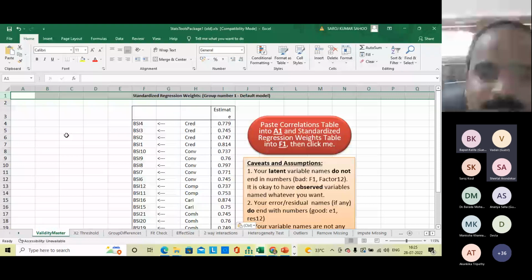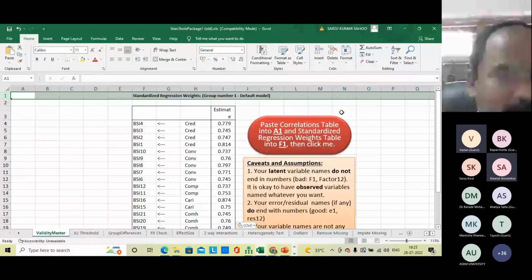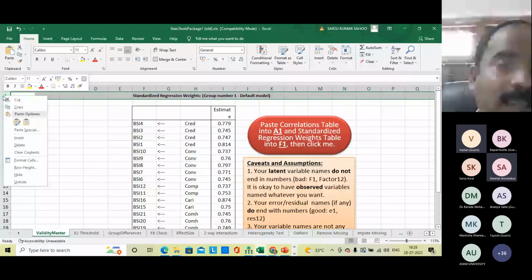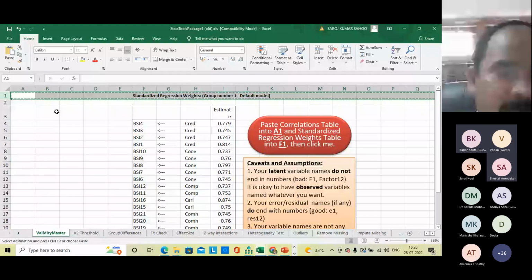Copy, then F1. Then paste. F1 is not written. You need to count F and 1. F of column, 1 of row. Yeah, cell. F1 cell.